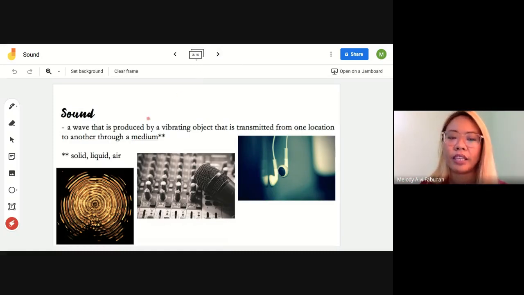Okay? So sabi niya dito, a sound wave is produced by a vibrating object. And then this vibration transfers from one location to another and the transmission occurs in a medium which can be a solid, a liquid, or the most common medium for sound transmission, air.